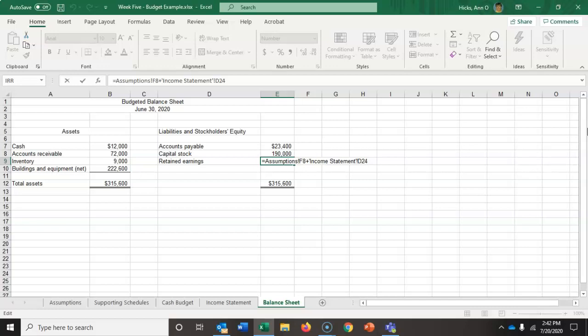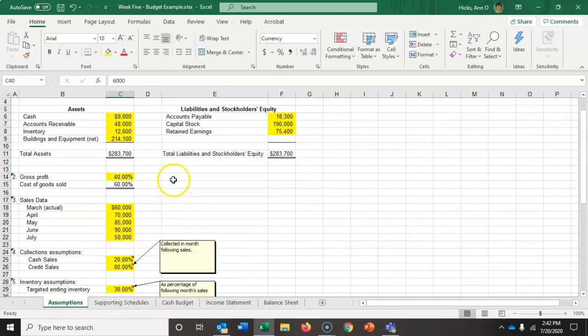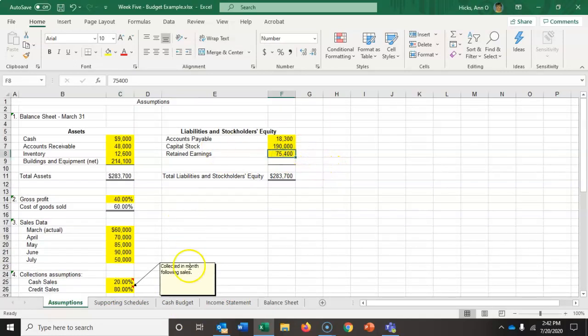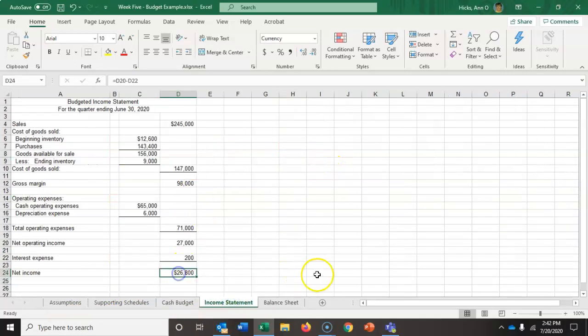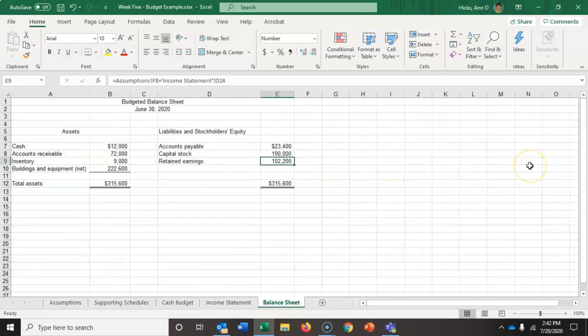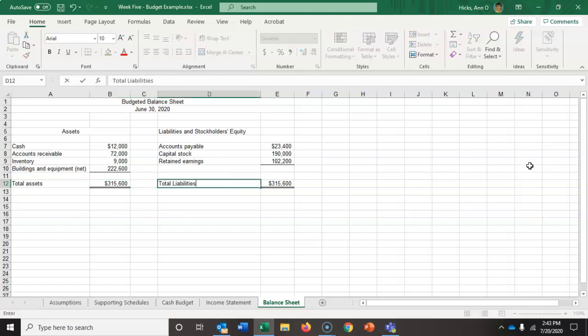In this case, we did not have any assumptions related to the payment of dividends. So in reality, the only thing that changed retained earnings was the net income. So my equation here, you'll notice, is the retained earnings from March 31 plus the net income from our income statement. And then the sum of that, $315,600, which means our total liabilities and stockholders' equity equal our total assets. And all is good.